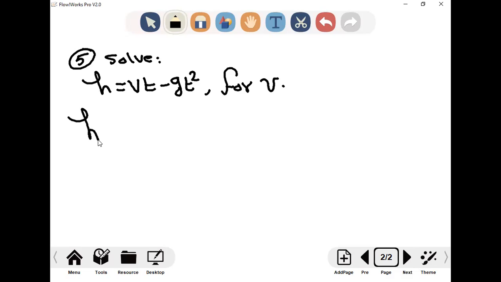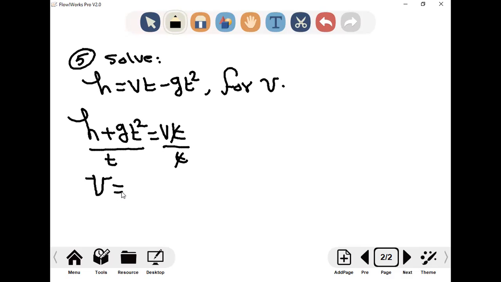So h plus gt power 2 equals vt. I want v alone. I'll divide by t both sides. So v equals h plus gt power 2 all over t.